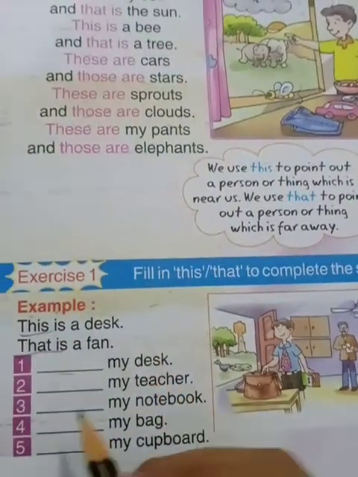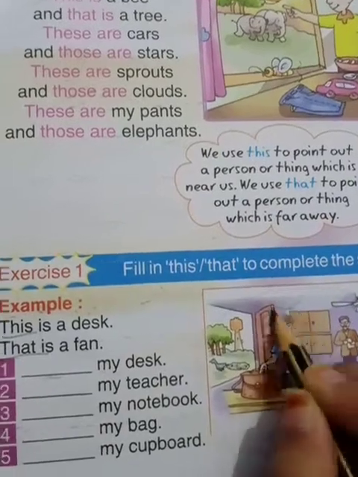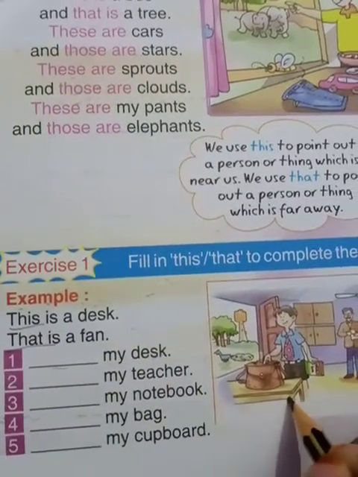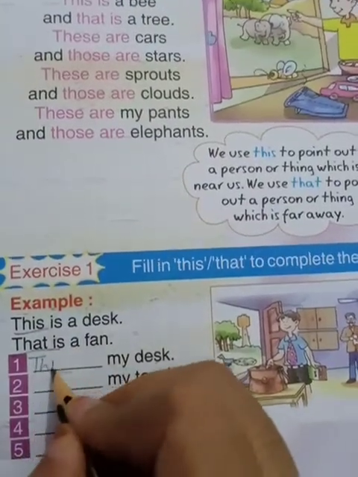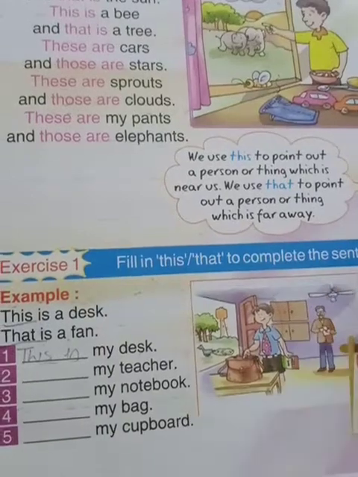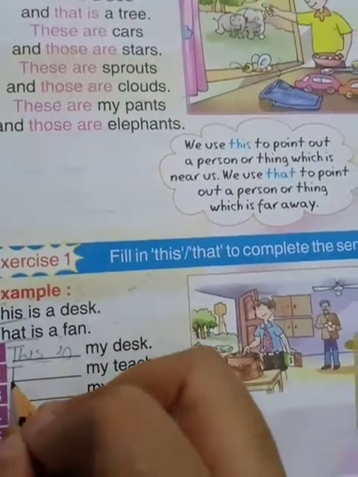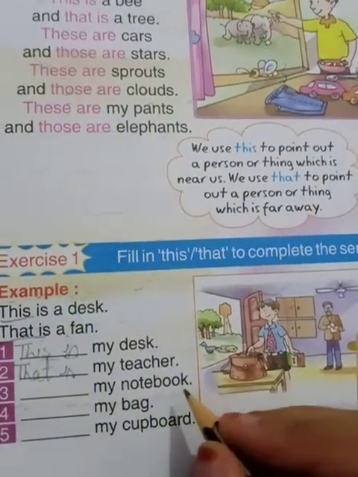Now the next, here you will compare with the boy. Desk is near with the boy and is a single thing, so this is my desk. Teacher is far away, and a single teacher is there, so that is my teacher.